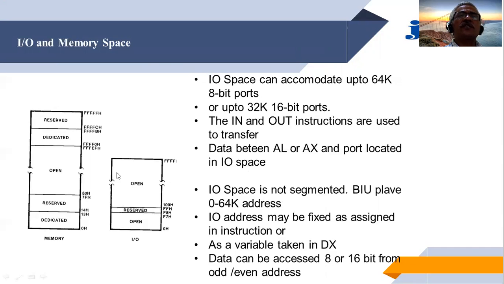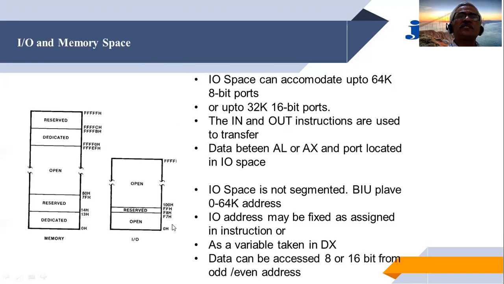Now, in contrast to the memory space, which was a total of 1 megabyte and was segmented for the ease of addressing, the total IO space is only 64 kilobytes, and you have registers which can contain 16 bits of address, so there is no need for segmenting this memory.